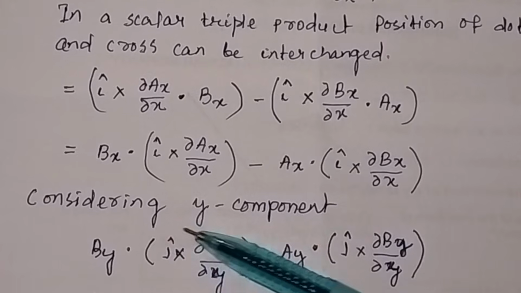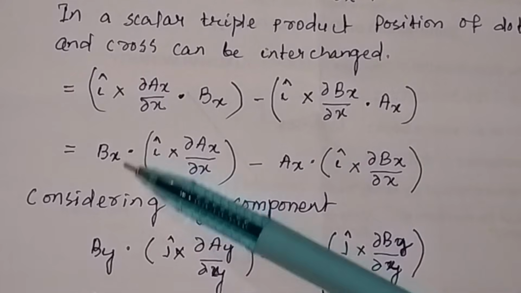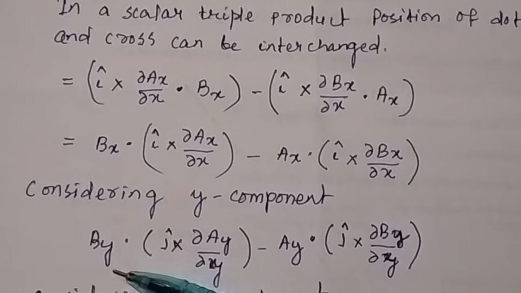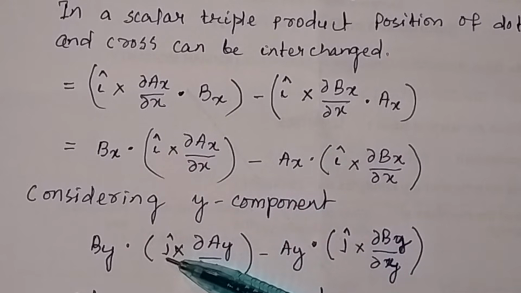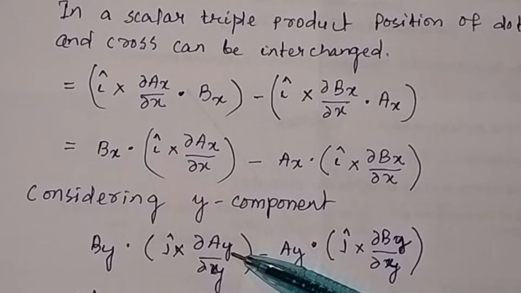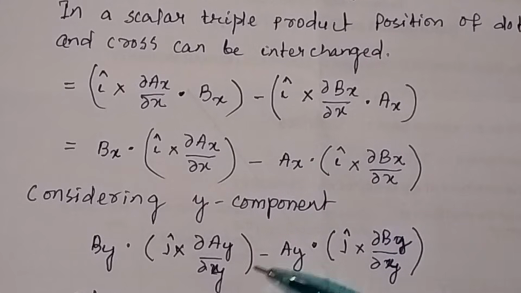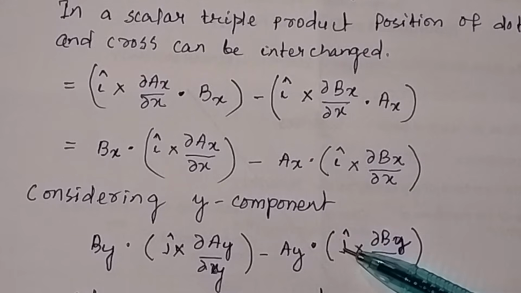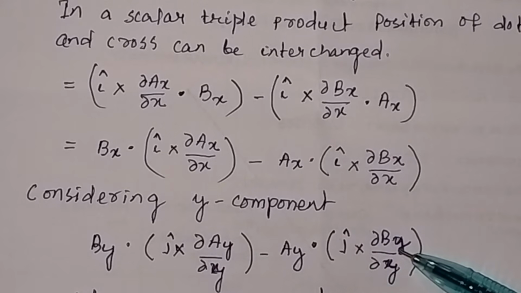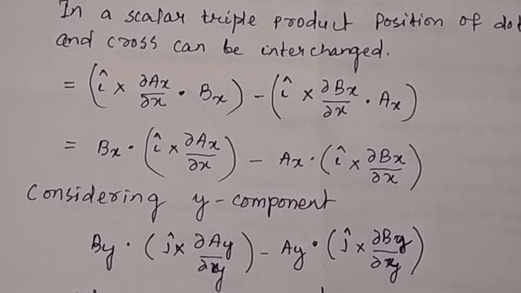Similarly, for the y component, instead of Bx you will have By, and instead of i cap you will have j cap: By dot j cap cross partial derivative of Ay with respect to y, minus Ay dot j cap cross partial derivative of By with respect to y.